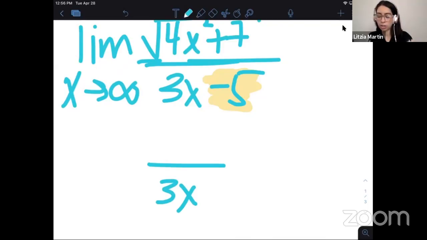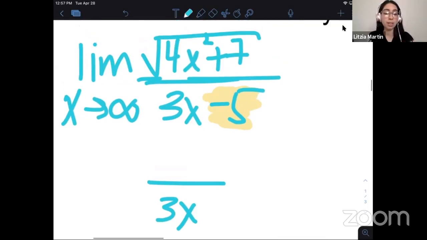In the numerator, we have 4x squared plus 7. Again, x is now being squared. So if x is already an infinitely large number, and that infinitely large number is getting squared to make it even bigger, is adding 7 really going to make that much of a difference? Not really, right?